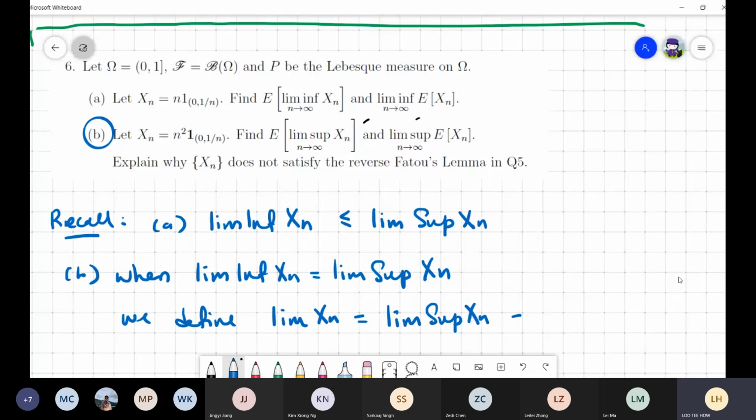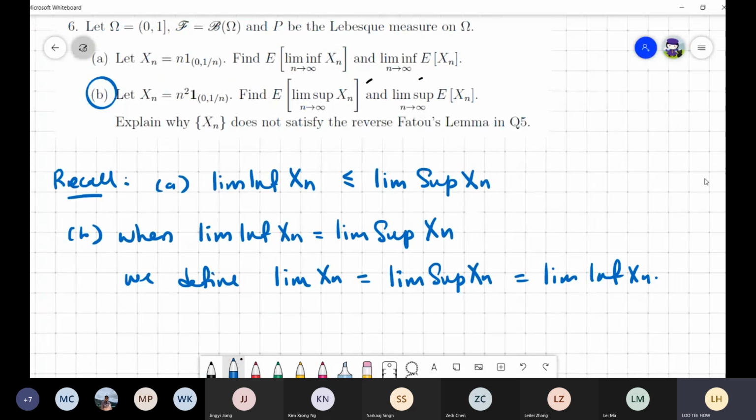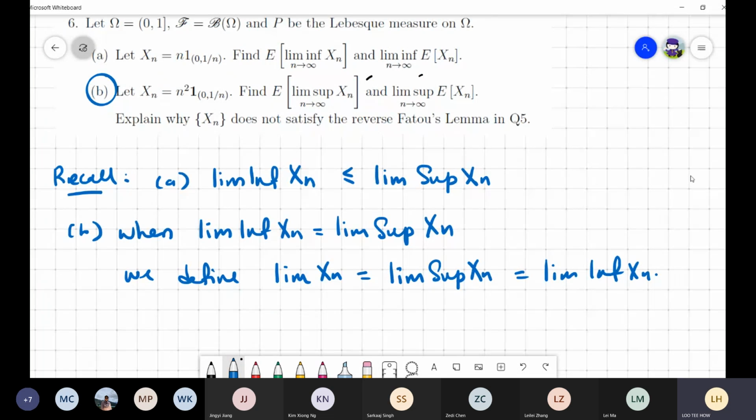Since they are equal, that is how we define the limit of Xn. So we just compute limsup Xn and liminf Xn, and when we see the values are the same, we say this is the limit of Xn. Now, having this picture in mind, we can look at the solution to question 6B.